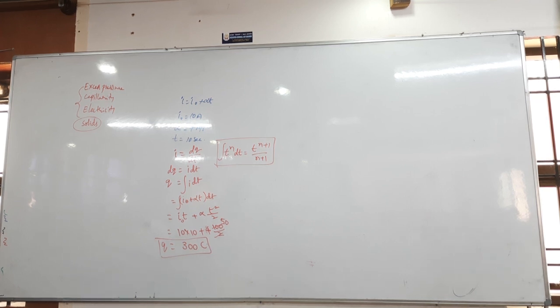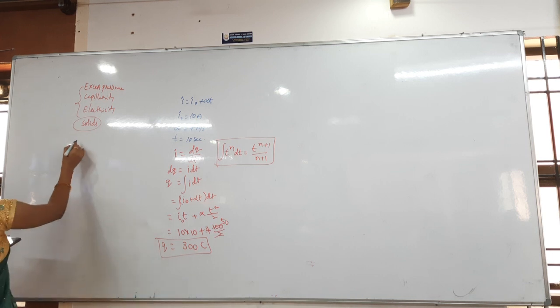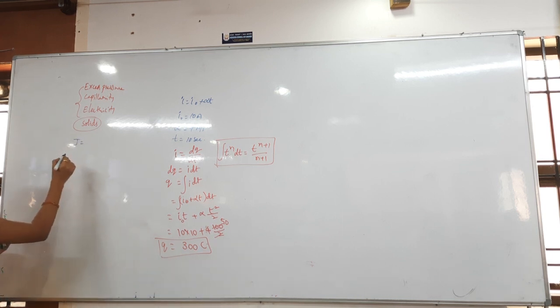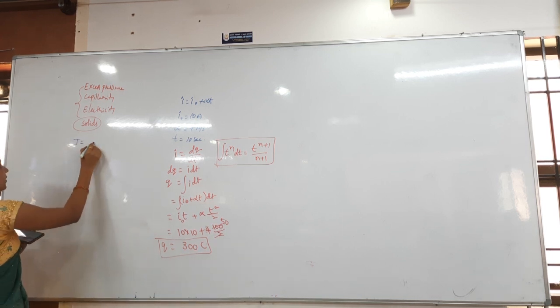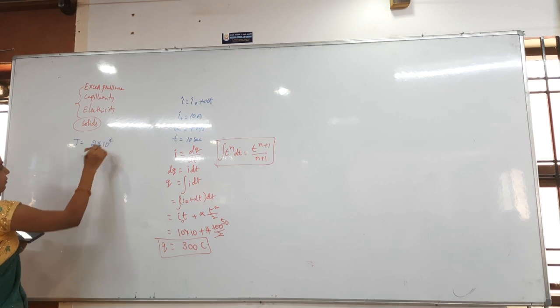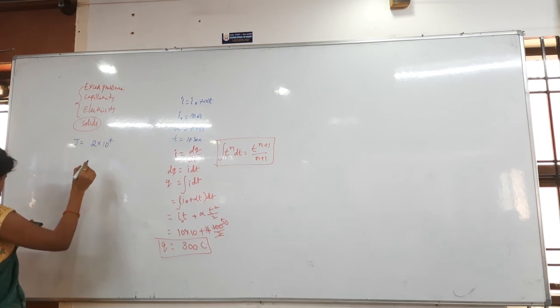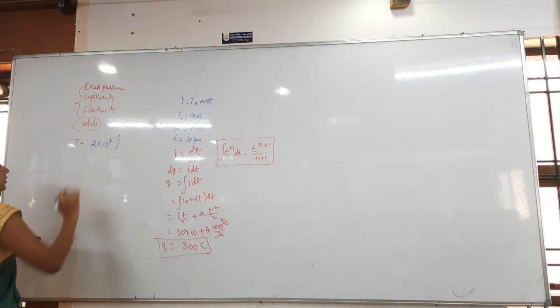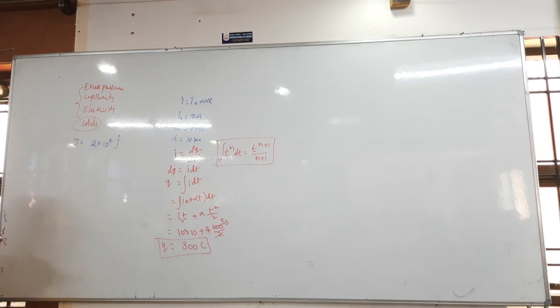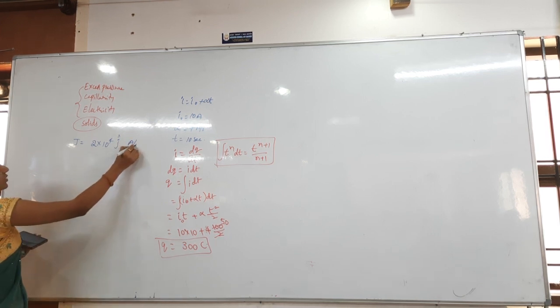The current density at a point. J is equals to 2 into 10 power 4 J cap ampere per meter square.